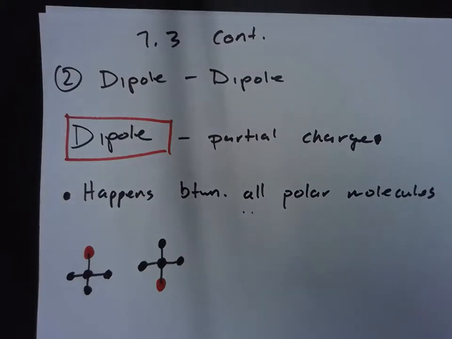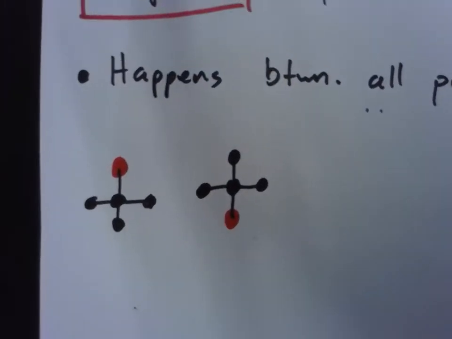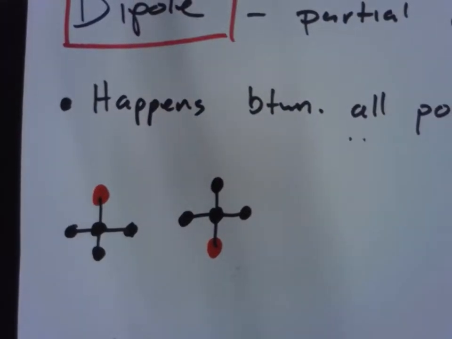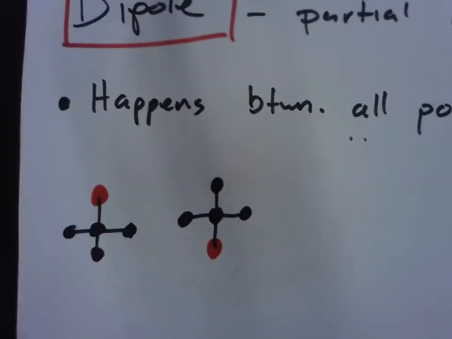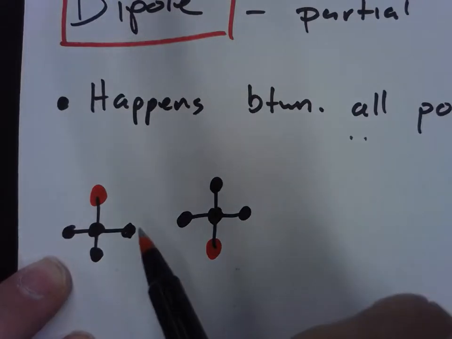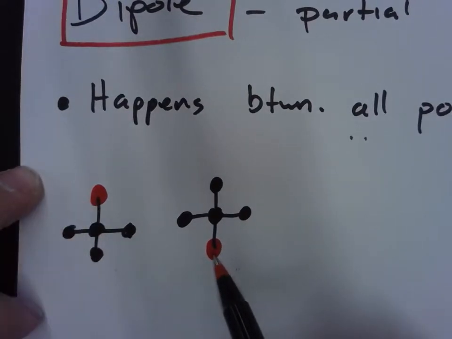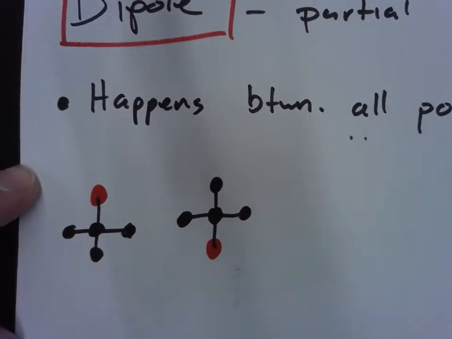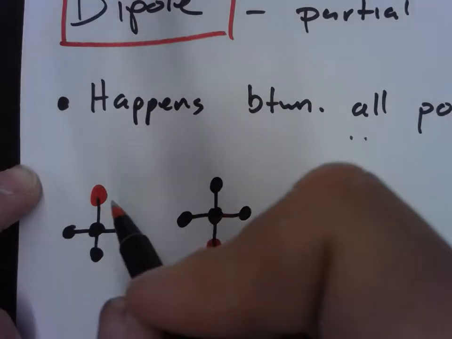Okay, I went ahead and took the liberty to draw these two polar molecules here. And let's think about what it means to be a polar molecule. All it means is you've got one atom that's hogging electrons. Well, if it's hogging an electron, then by its very definition of polar, it's going to have a slight charge. The one that's hogging the electron is going to have a slight negative charge.